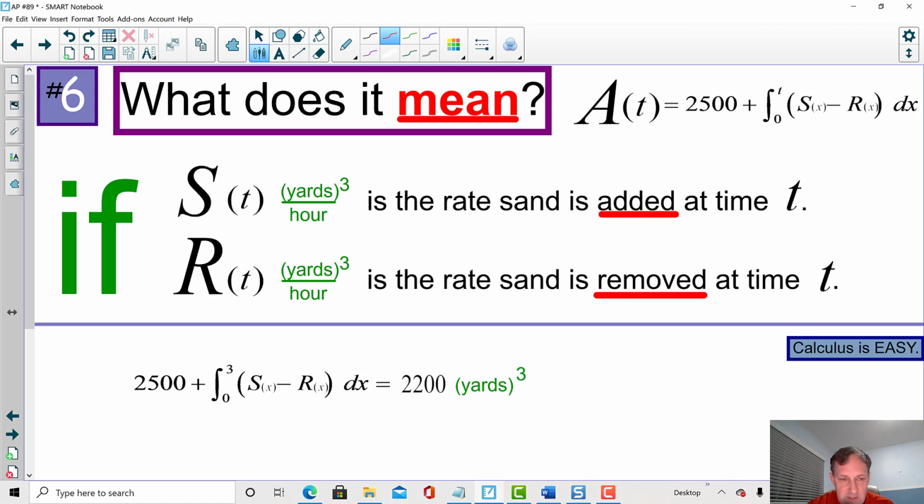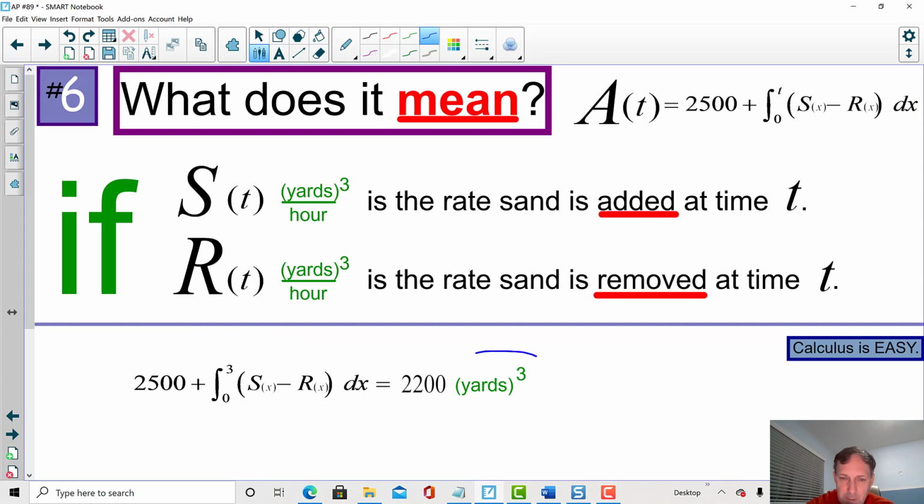Usually what this is, is the exact amount that you have at this time right here. That's usually what that is. We got to make sure that this time goes with this amount here. It doesn't have to be 0, but that time t equals 0 does have to match up with the 2500. Now, getting the 2200 is really easy. You just type it in your calculator. You're going to type all of this in your calculator, and you'll get 2200.